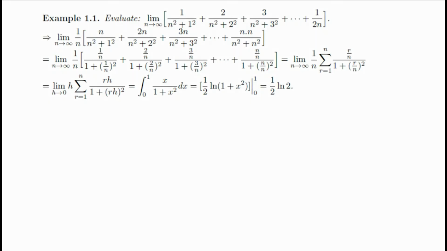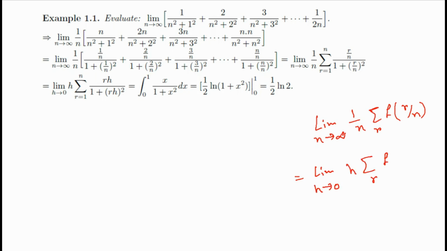Here our target is limit n tends to infinity 1 by n summation f of r by n, with the summation varying over r, equal to limit h tends to 0, h summation f of rh, and this is integral 0 to 1 f(x) dx. This is our target, and let's see how we achieve this.